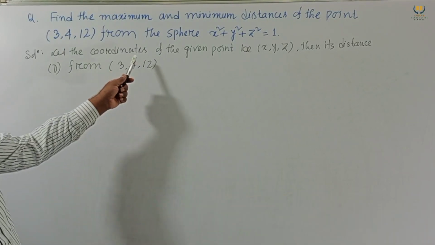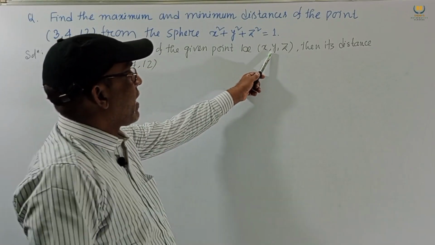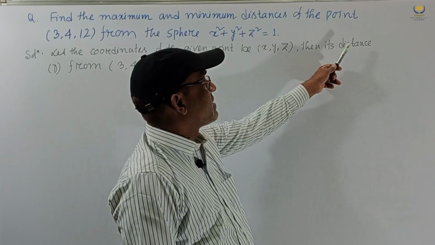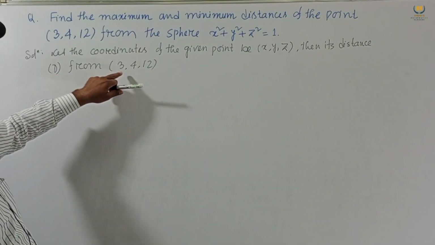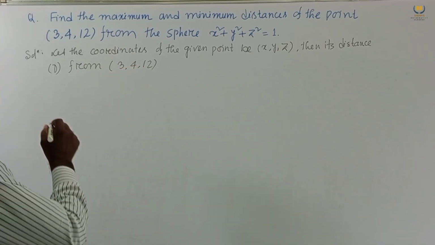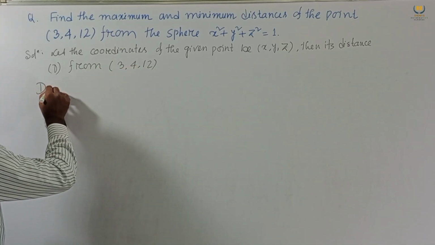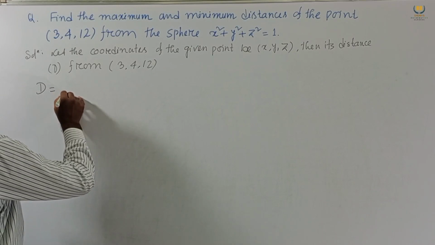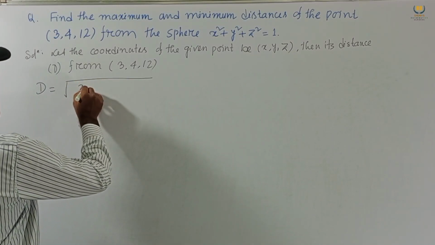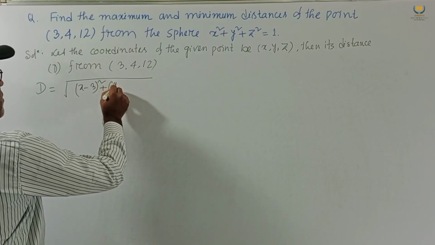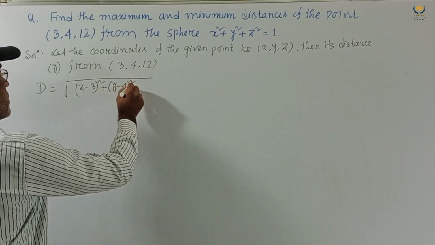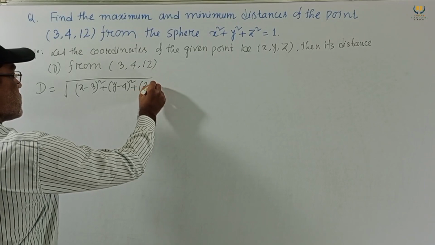Let the coordinates of the given point be x, y, z. Then its distance d from (3, 4, 12) is d = √((x − 3)² + (y − 4)² + (z − 12)²).